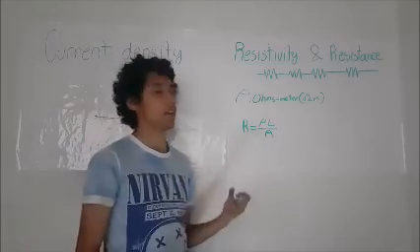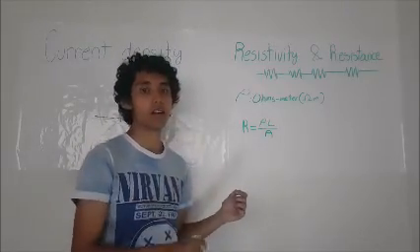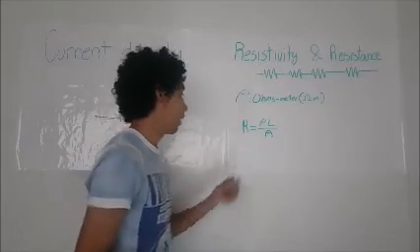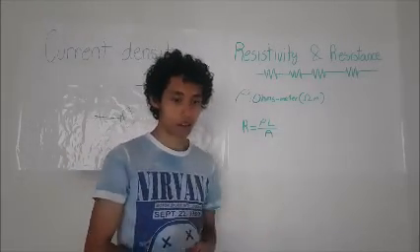When this is a wire, it's the cross-sectional area of the wire, but it is applied for any object.